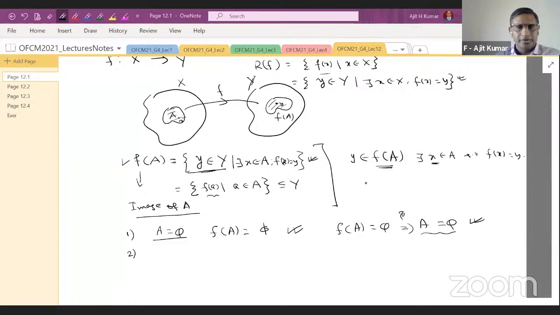Okay, fine. Now let me ask you another simple question. Suppose I have A, which is a subset of B. Then look at what f of A and f of B are. These are two subsets of Y, right?